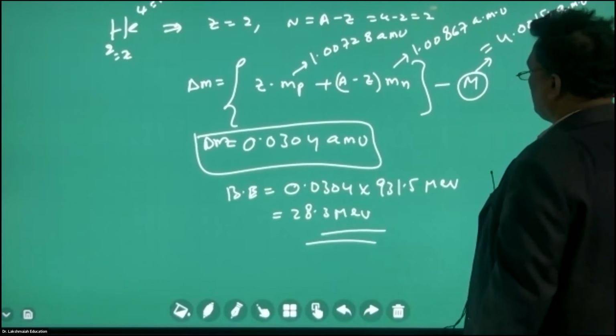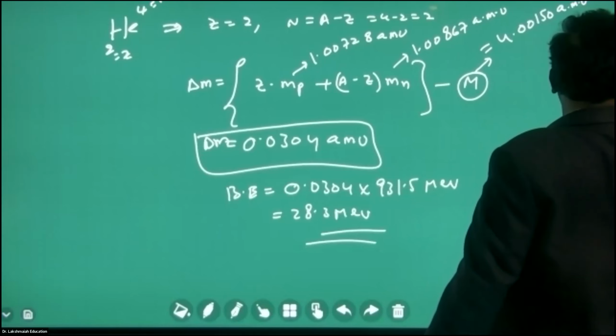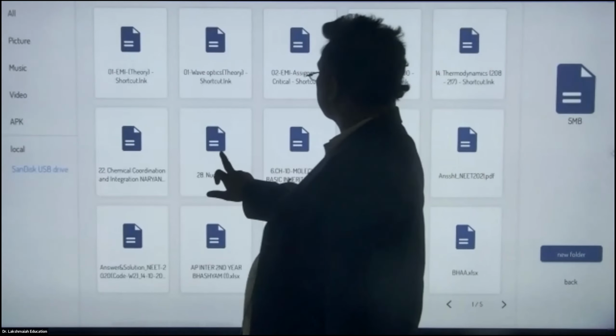In the question they give binding energy per nucleon of 2H1 and 2He4 as 1.1 and 7.0 million electron volt. From that we can find mass of helium as 4 into 7 and mass of hydrogen as 2 into 1.1.